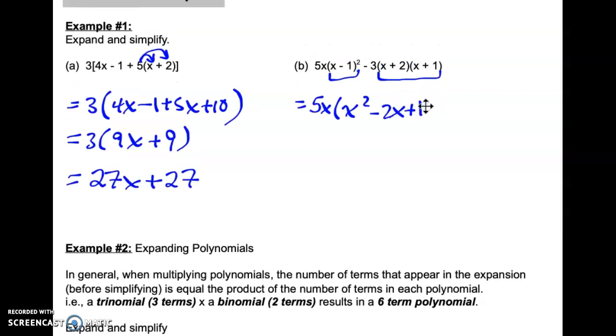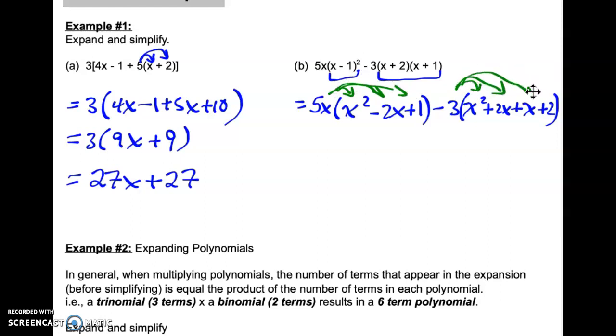So negative 1 squared is 1. Okay, and then once again the 3 is going to stay on the outside, and we're going to FOIL this out. So we would get x squared plus 2x plus x plus 2. Okay, we still have multiplication in both these terms, so we can now use that distributive property to multiply in the 5x, and the distributive property here to multiply in the negative 3.